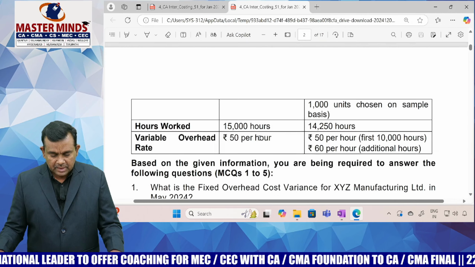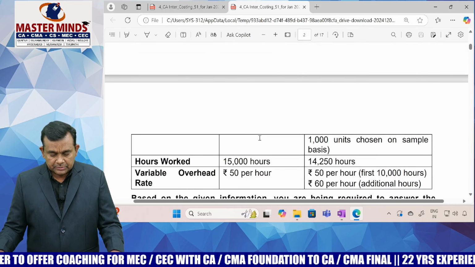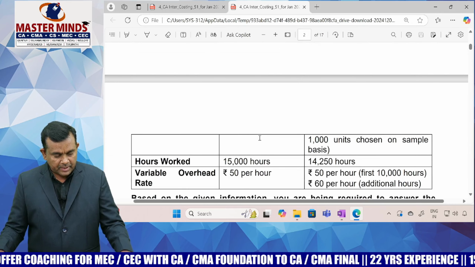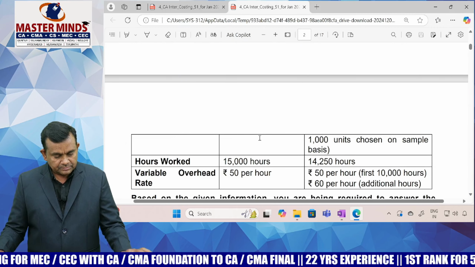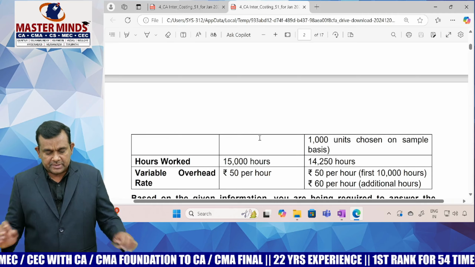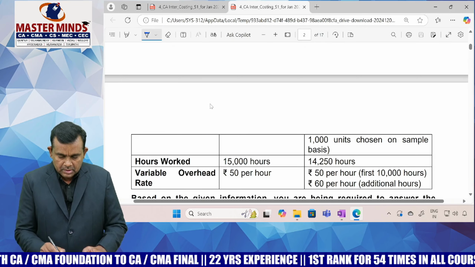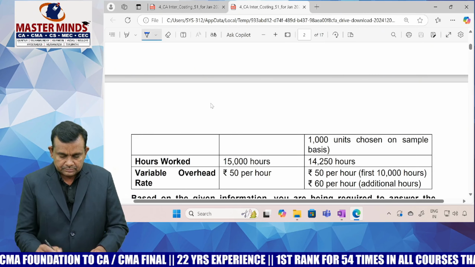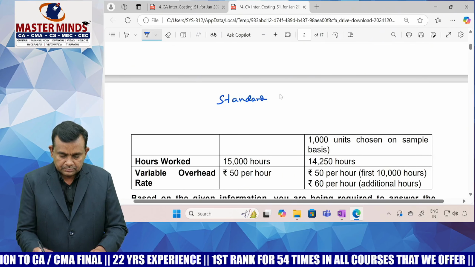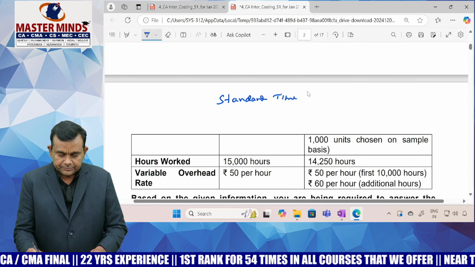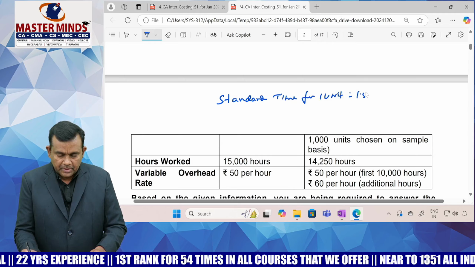Therefore, standard time allowed for 1 unit equals 15,000 hours divided by 10,000, that is 1.5 hours, sir. Standard time for 1 unit is equal to 1.5 hours.